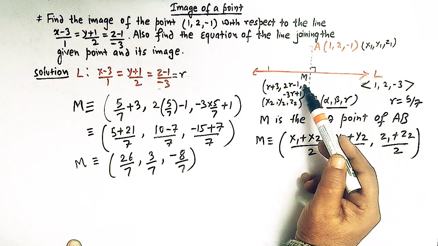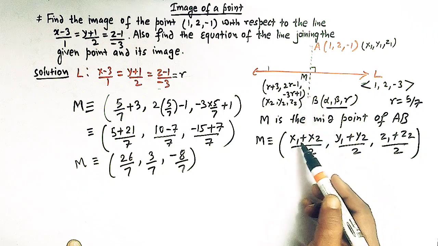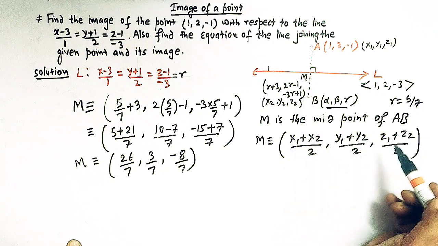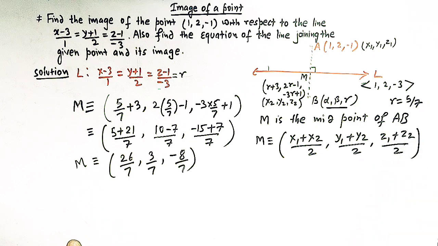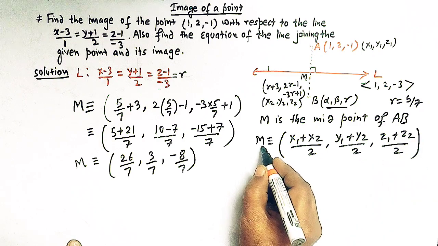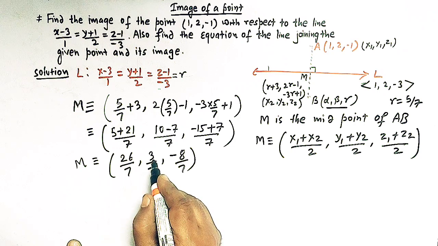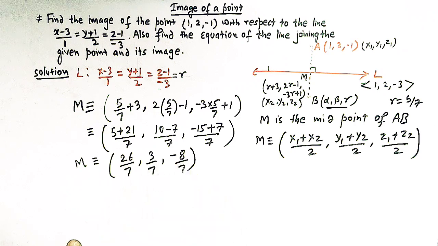So the coordinates of the point M are (x1 plus x2) over 2, (y1 plus y2) over 2, and (z1 plus z2) over 2. Now the coordinates of M are also given by 26 by 7, 3 by 7, and minus 8 over 7.